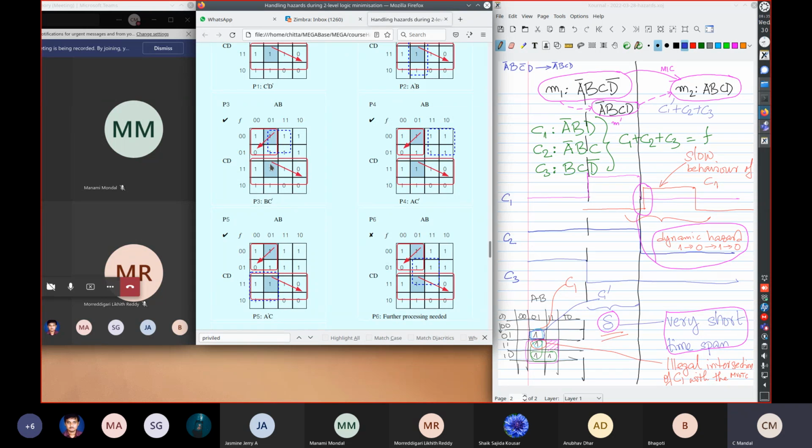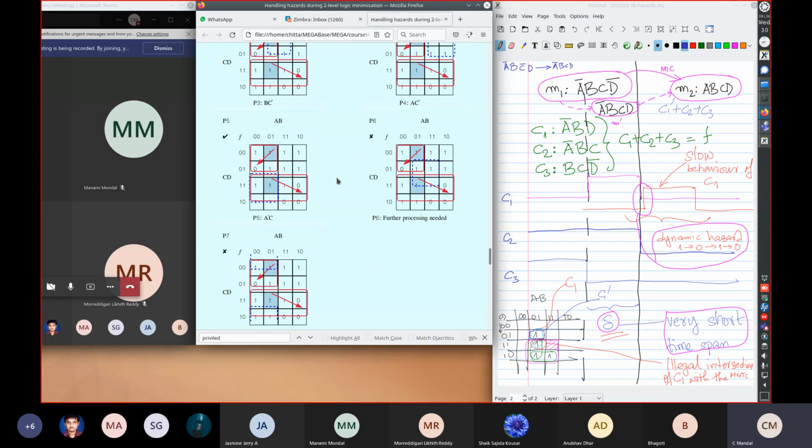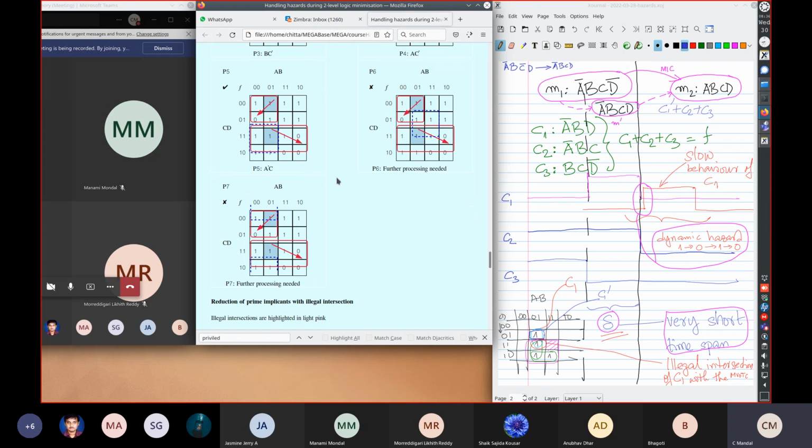Then this one is all right. This has nothing to do with these privileged cubes. So here is another one. This one also includes the starting point, so we don't have a problem with this.